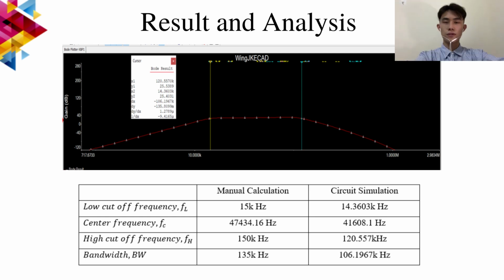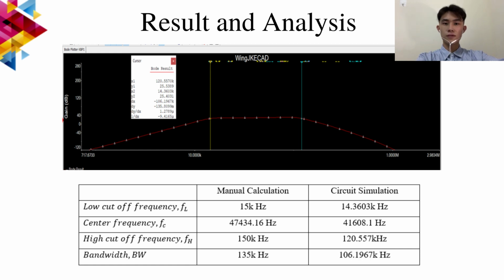For the low cut-off frequency, the given value is 15 kHz, while the value that we got in the simulation is 14.3605 kHz. For the high cut-off frequency, the given value is 150 kHz, while the simulated value is 120.557 kHz.